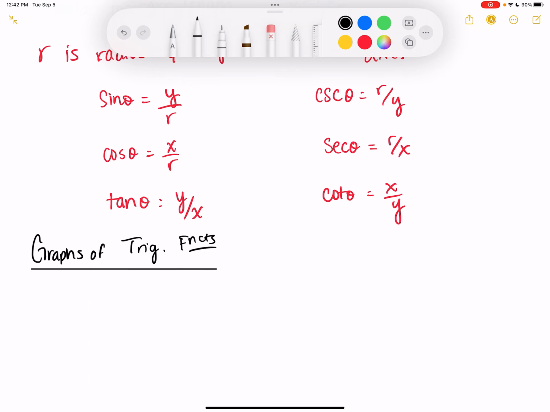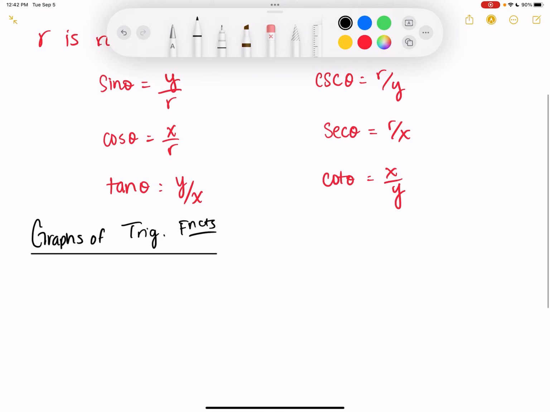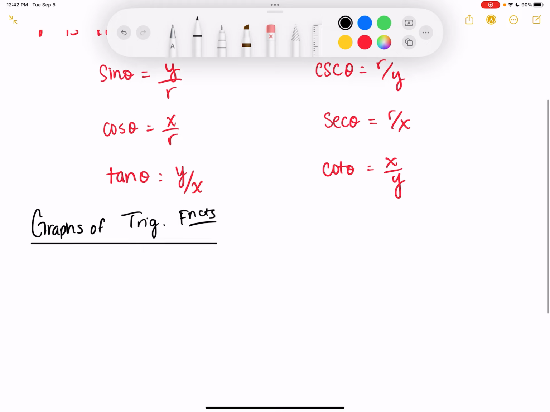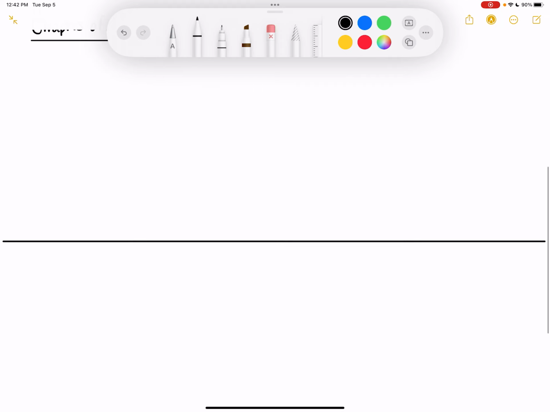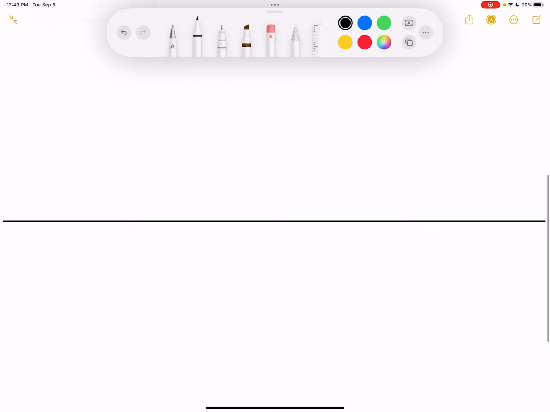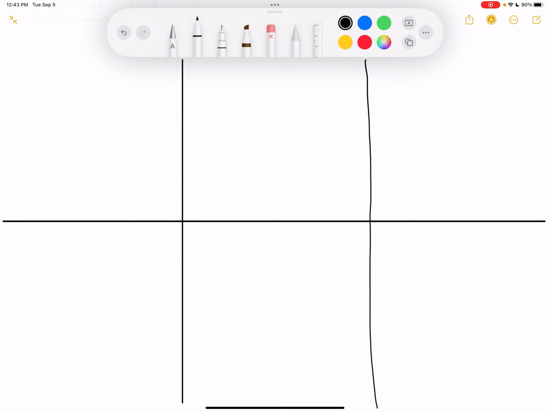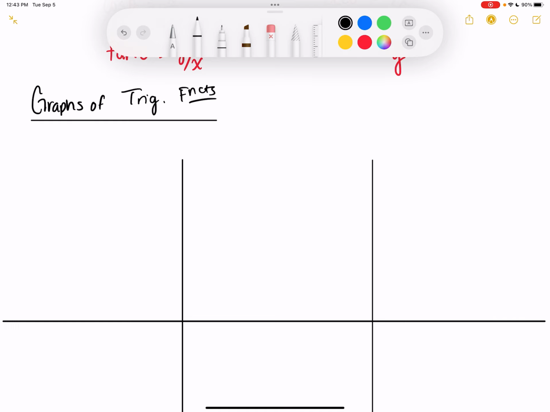I'm going to do 3 across. Alright, I'm going to set up my little graphs here.